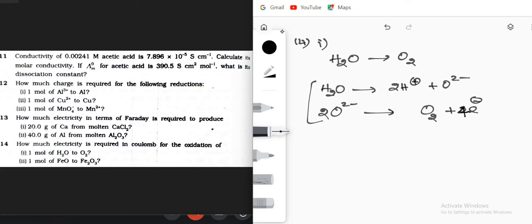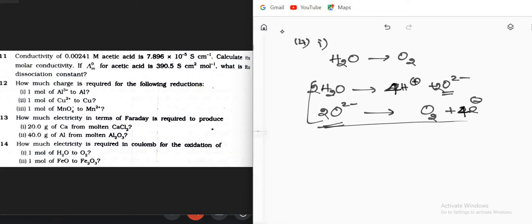I'll just multiply the equation by 2. So here I got 2 oxide ions, because each oxide ion releases 2 electrons, so 2 oxide ions release 4 electrons. Now in the left hand side I have 2 O2-, but in the first equation right hand side I have only 1 O2-. So I'll multiply throughout this reaction by 2. So this will become 4 and this becomes 2.